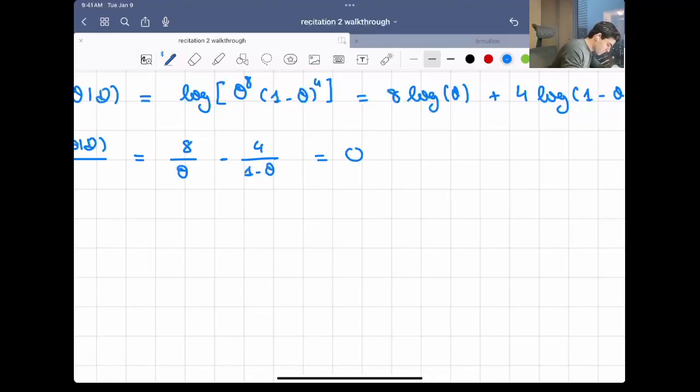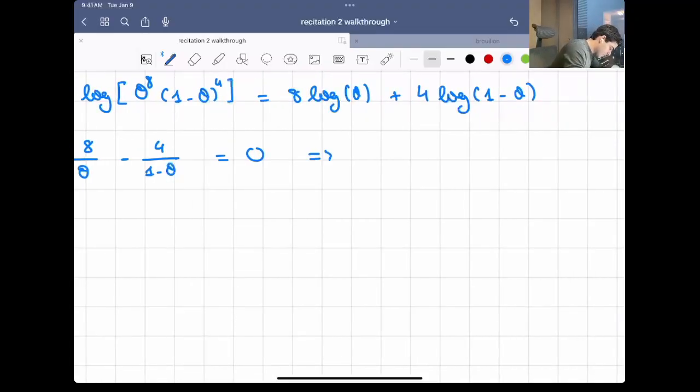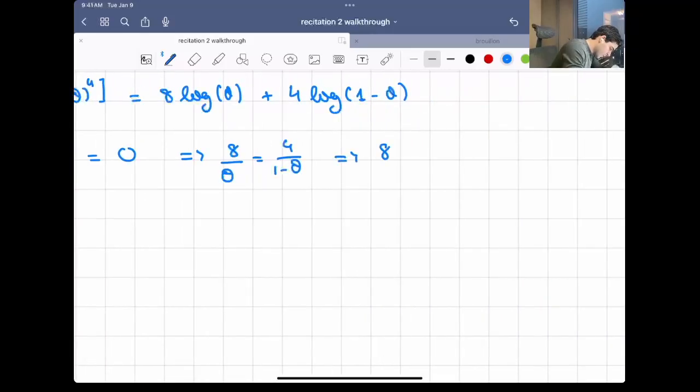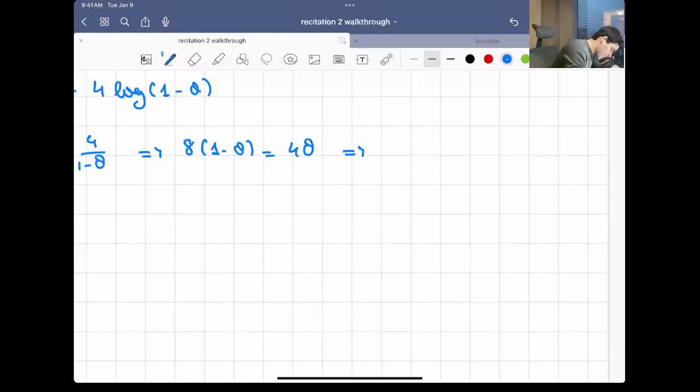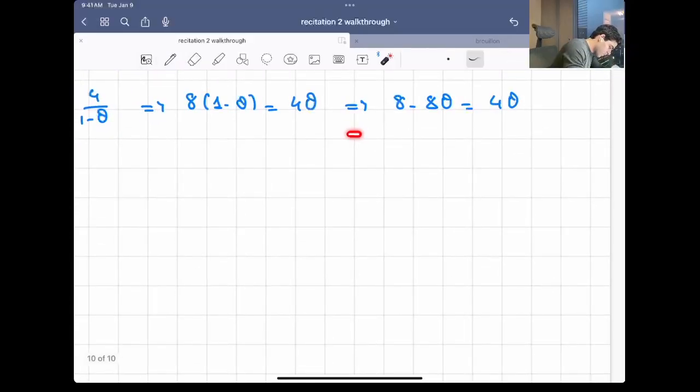Set equal to 0, which implies this, which implies this, which implies in turn this.